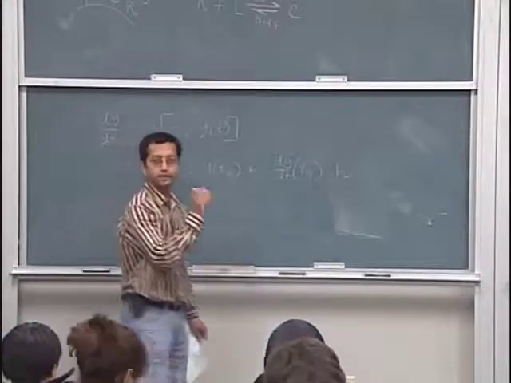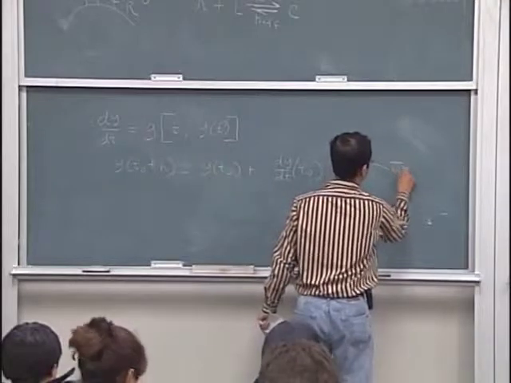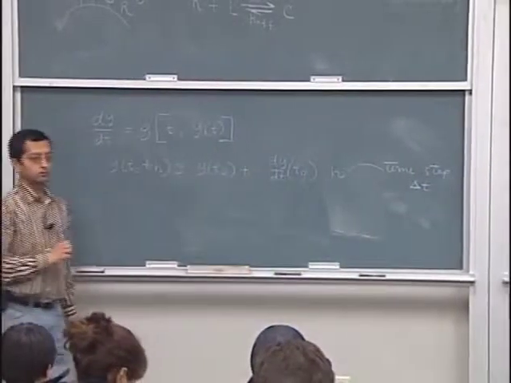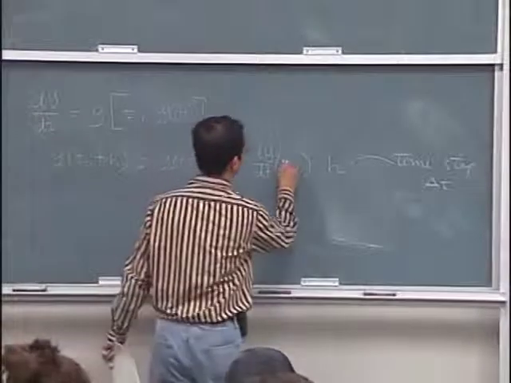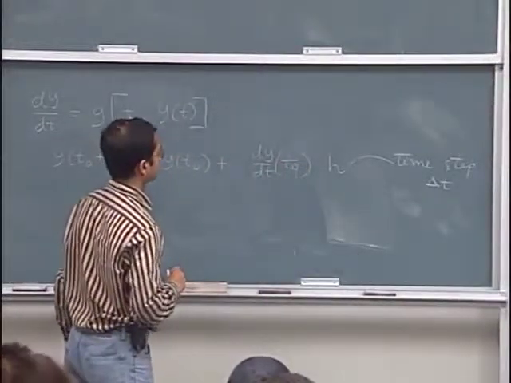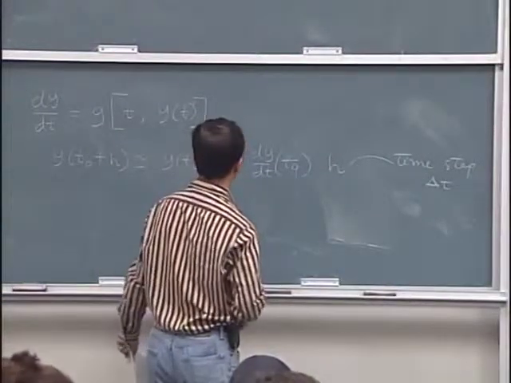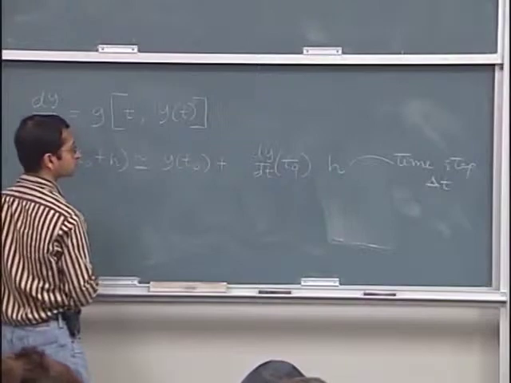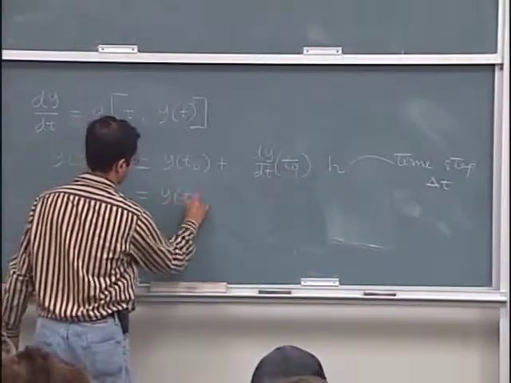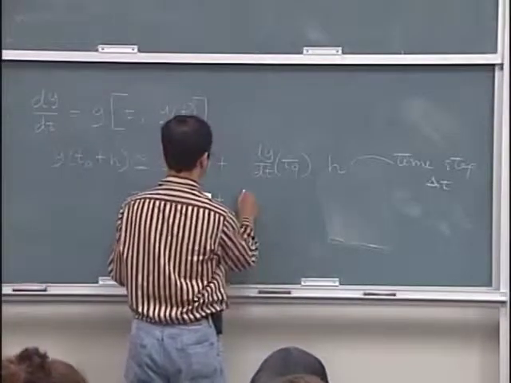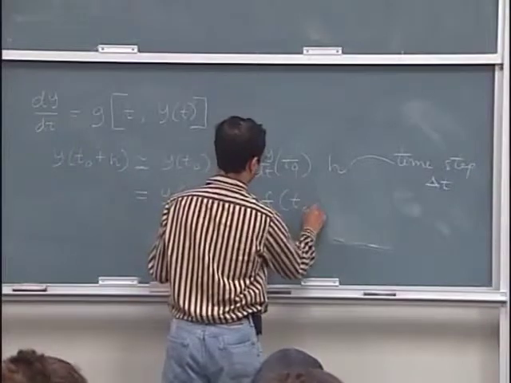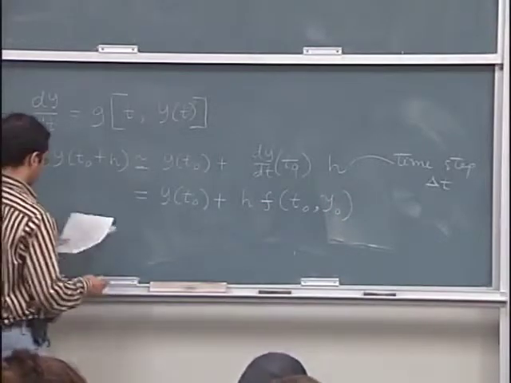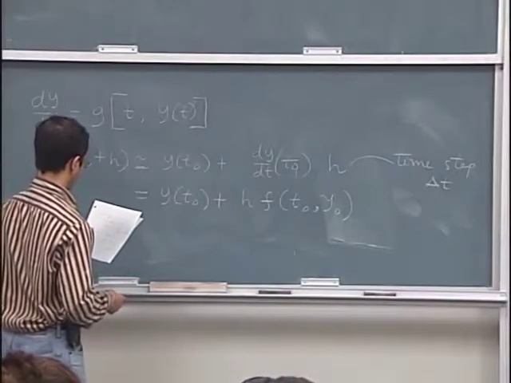So h is the time step delta t. Now this I can write y(t0) plus h f(t0, y0). Should I write? It should be g.